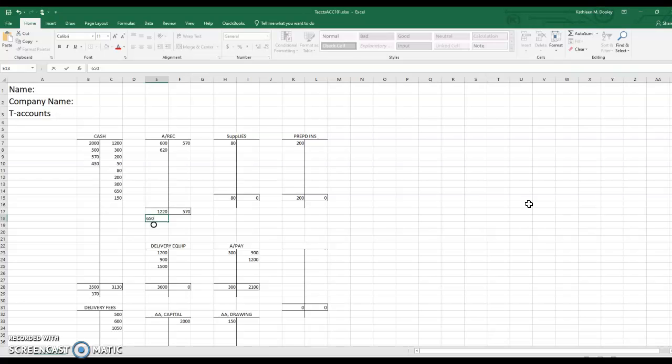Now, in this case, in this Excel template, I have already put in the formulas for the footings, so you can see the formula. The footings formulas are already in there, and they're adding up the debit sides and the credit sides. So all you needed to do is to take the big number minus the small number, put it on the side of the big number to get the actual balance.